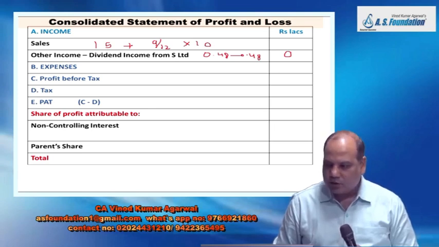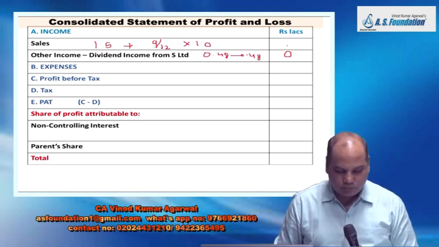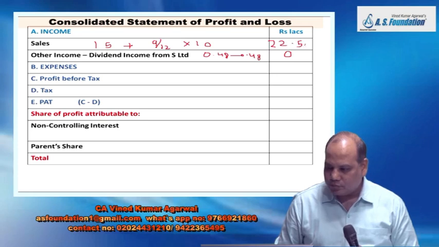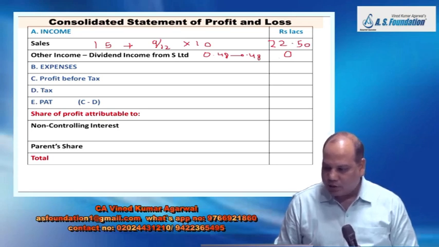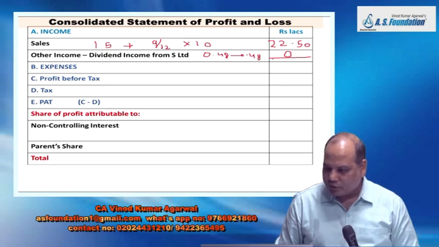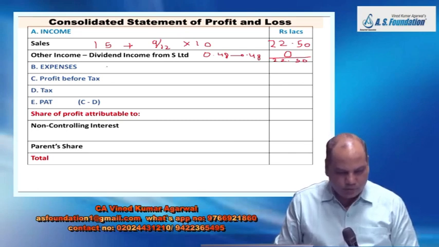So what is the final figure in the outer column? 22.50. Dividend adjustment I have done. So what is my total income here? If I draw a line, 22.50.